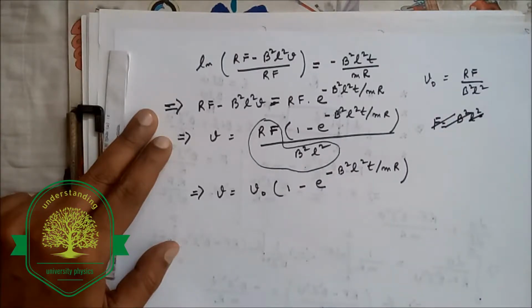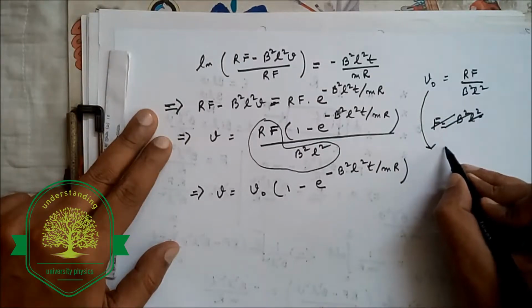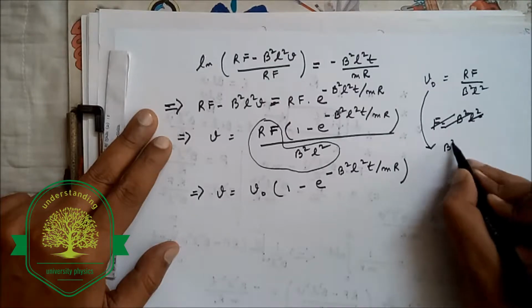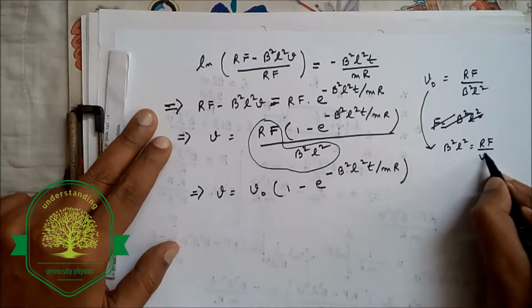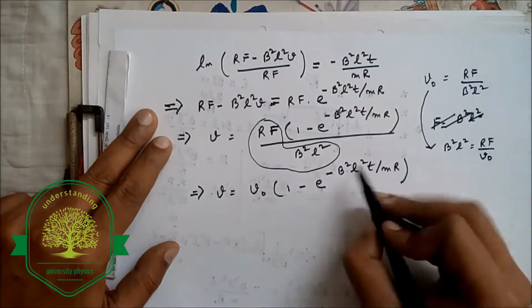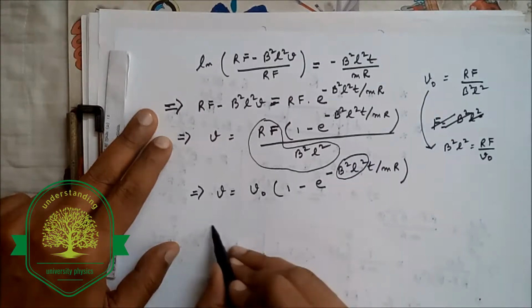Let me just, from this equation, I can say that B square L square is Rf by V naught. So for B square L square, let me just substitute Rf by V naught.